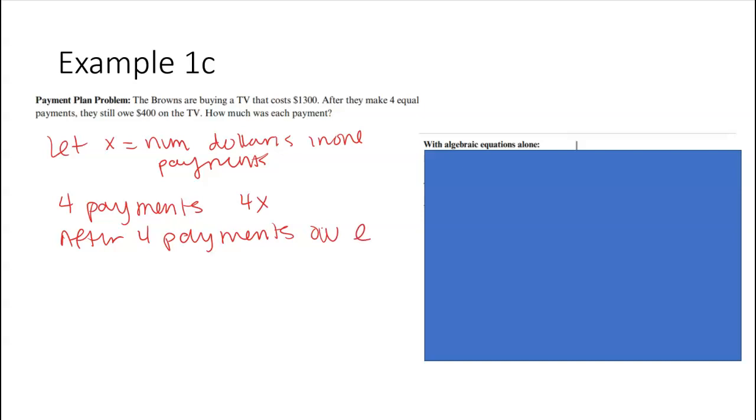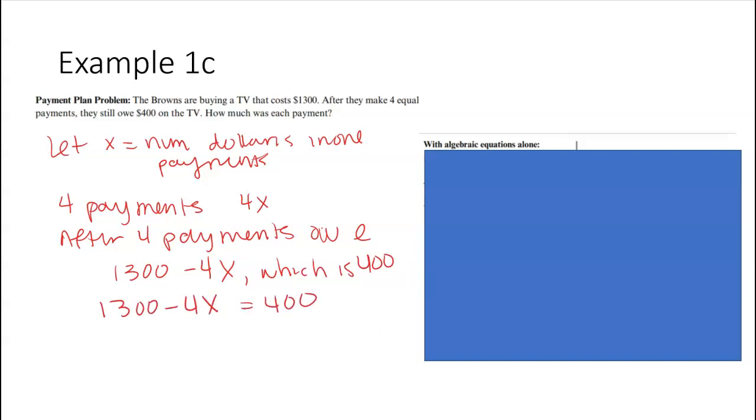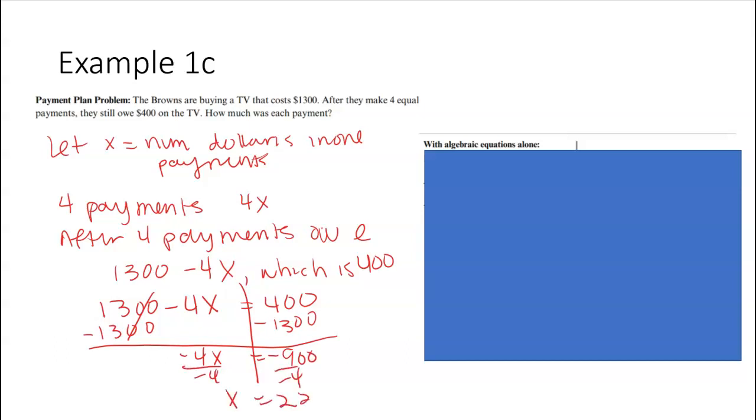After the 4 payments, they owe 1,300 minus the 4x, which they know is 400. So we would just solve that: 1,300 minus the 4x. So after the 4 payments, they still owe $400. So we could subtract 1,300 on both sides. We get negative 4x is equal to negative 900. Don't drop the negative here. And we end up with x equals 225.